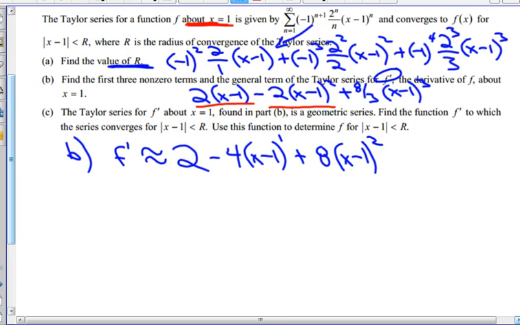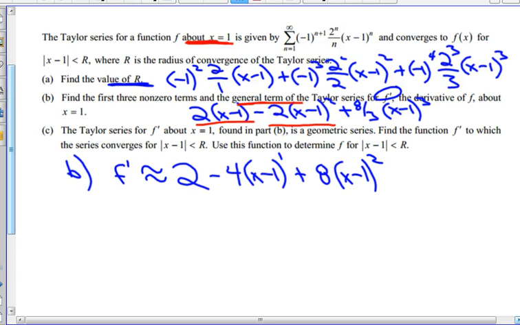Then I come back and say, oh, wait. They also wanted the general term of the Taylor series. So I have to come back up to our general term up here, erase a little bit of that. And our general term is up here. Right there is our general term. I need to take that derivative. So I'll go plus dot dot dot plus. And we'll take that derivative.